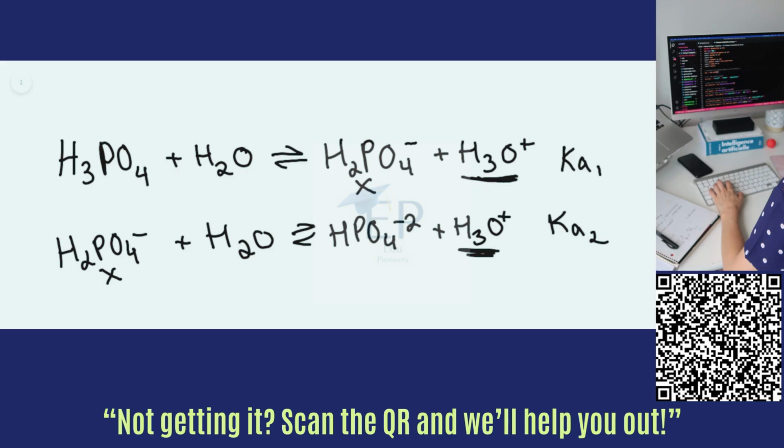Now, when we actually go to calculate the molarity of our hydronium ion, what we find is that the only one that's really important usually is the first ionization, right? So the hydronium ion produced in our first equilibrium with Ka1.